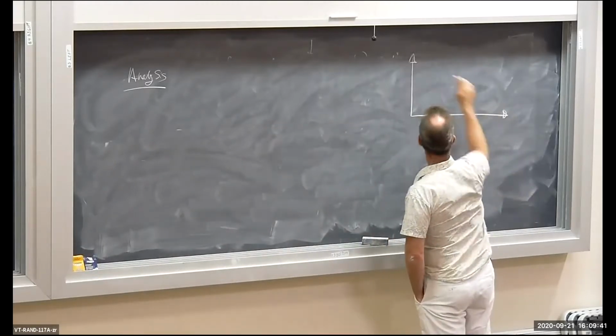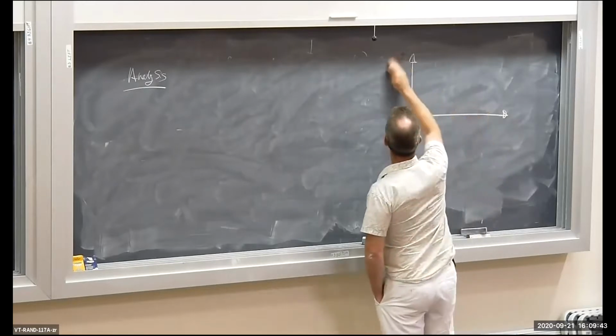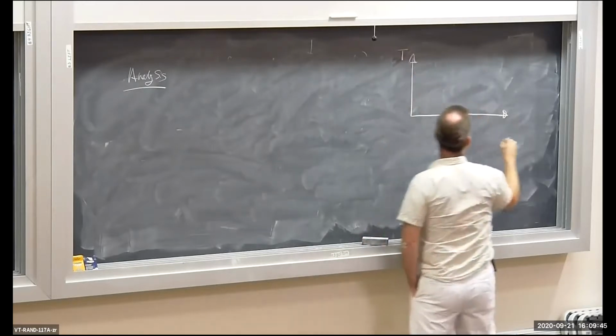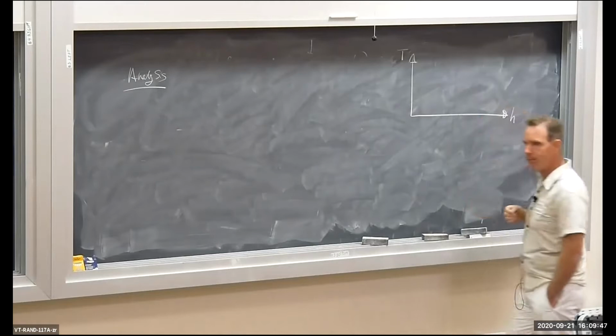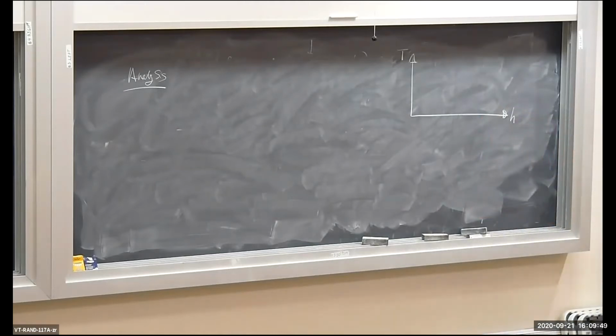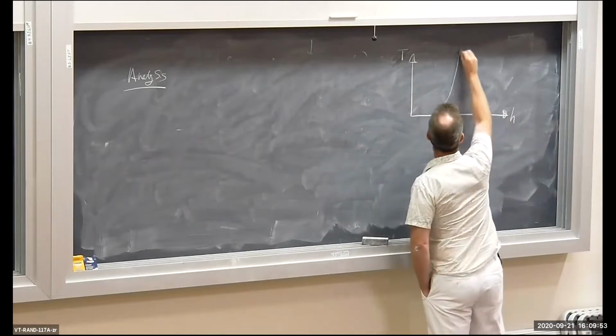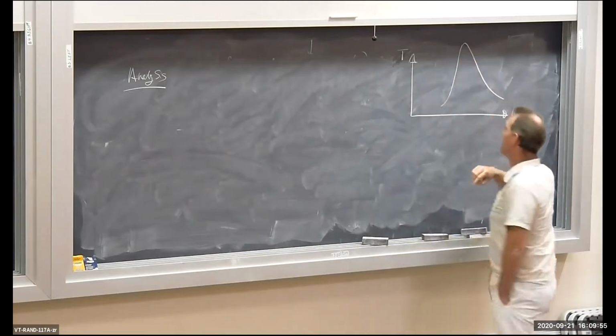Instead of temperature and specific volume, I'm going to do temperature and specific enthalpy. It qualitatively looks the same as temperature versus specific volume, so we're going to have the saturation dome. So here's our saturation dome right here.